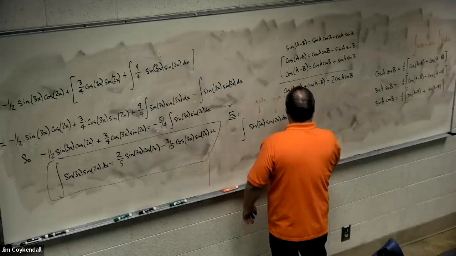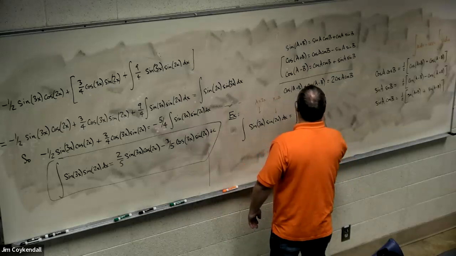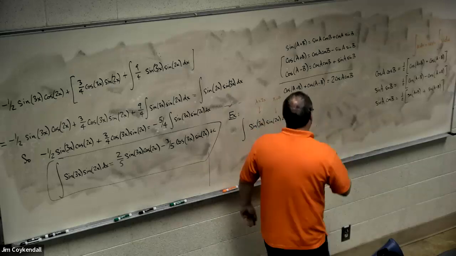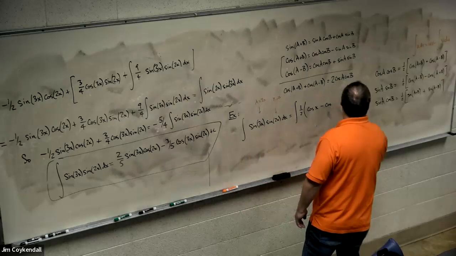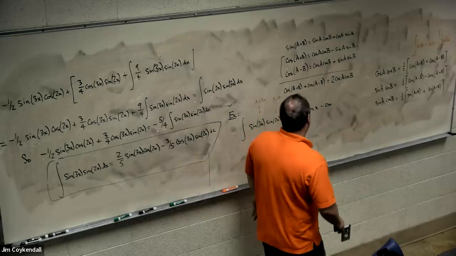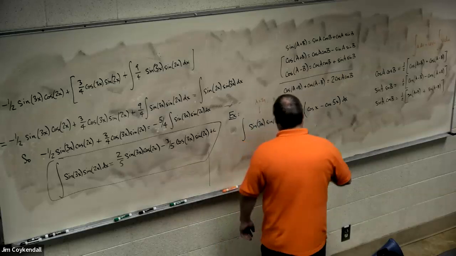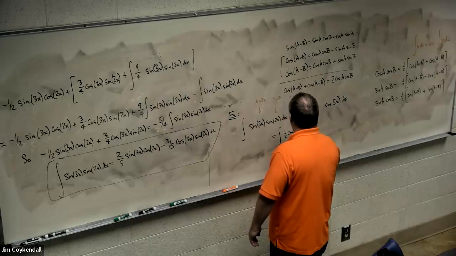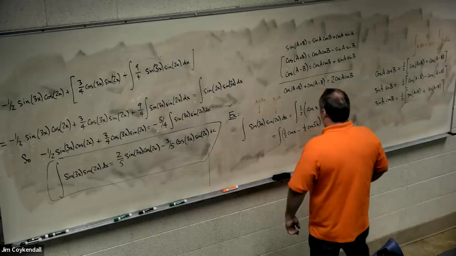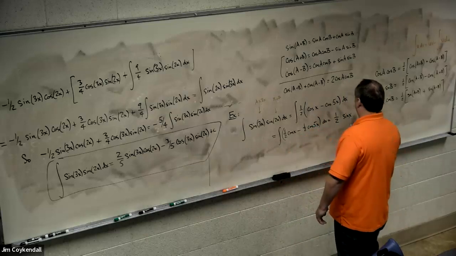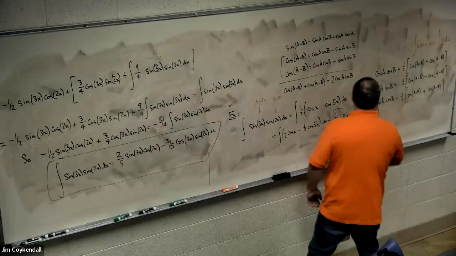And this identity allows me to rewrite it as 1/2 cosine of 3x minus 2x minus cosine of 3x plus 2x. Now this is the integral of 1/2 cosine x minus 1/2 cosine 5x dx, which is 1/2 sine x minus 1/10 sine 5x plus C.